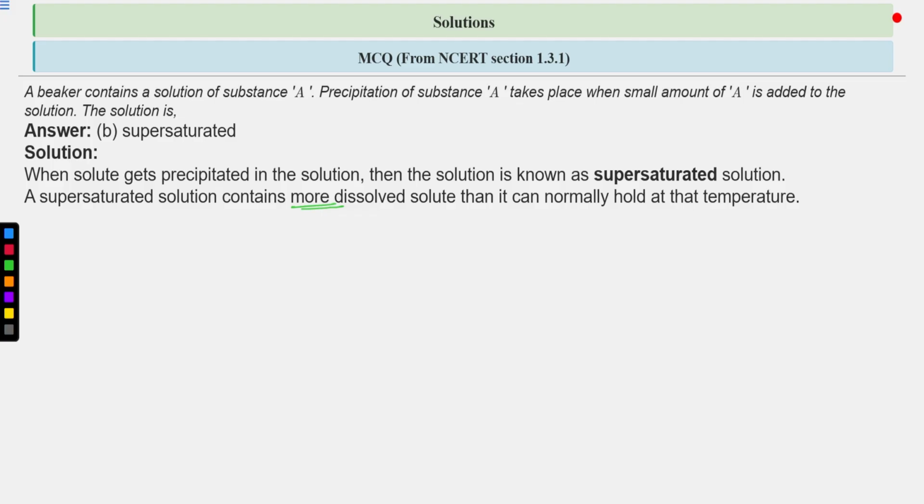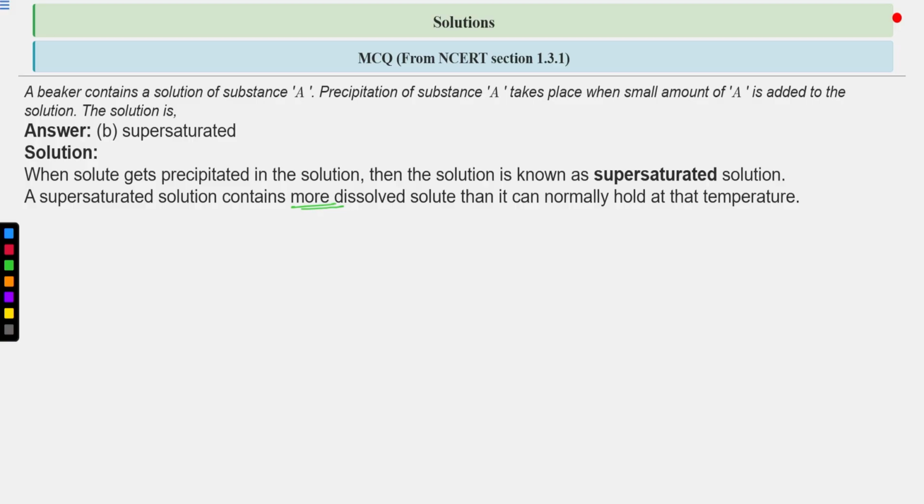A supersaturated solution forms when the limit which the solution has to dissolve any solute has been reached, and no more extra solute can be dissolved or added to the solution. Then the solute starts to precipitate or crystallize.